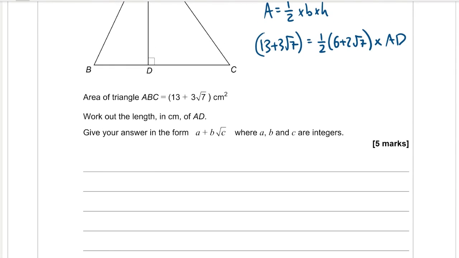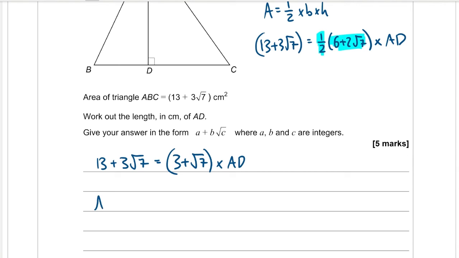Okay, first off I'm going to get rid of this half. I'm going to multiply into this bracket there because that is all divisible by 2. So that's going to be helpful. I don't need the brackets on the left hand side anymore. So this is going to give me 3 plus root 7 multiplied by AD.